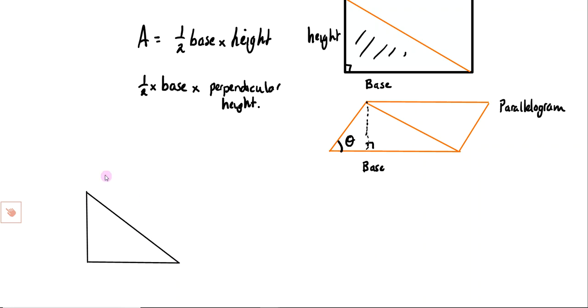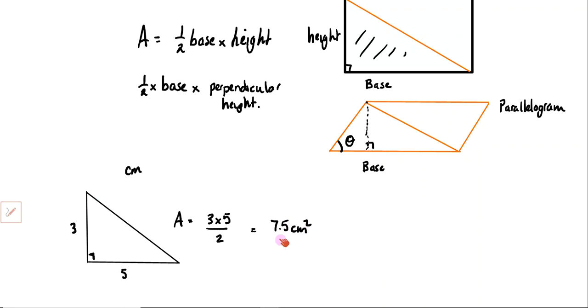Let's say units are in centimeters. What's the area of that triangle? 7.5. Because we do 3 times 5, divide that by 2, and we get 7.5 square centimeters. Okay?